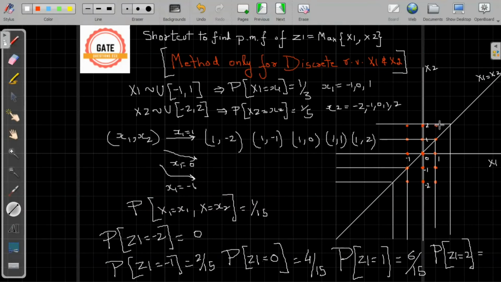Since it has 3 points lying on this region, no point is lying on this section of this boundary, and only these 3 points are lying on this boundary. So this probability is nothing but the sum of joint probabilities of these 3 points. So it will be 3 by 15.